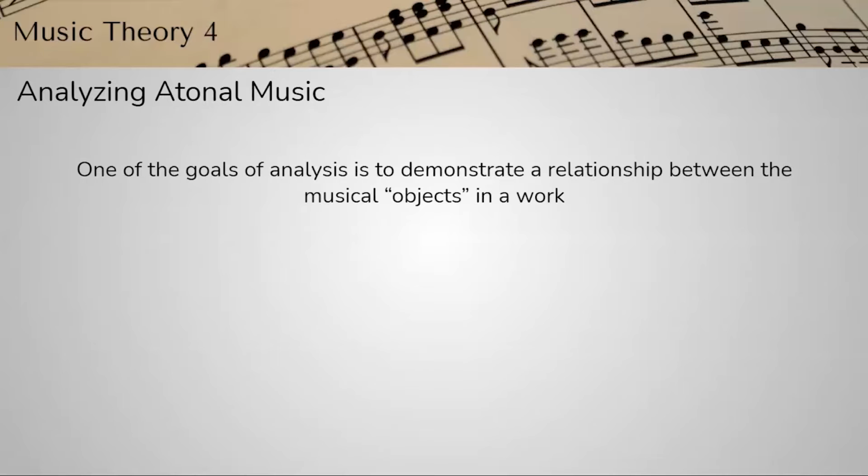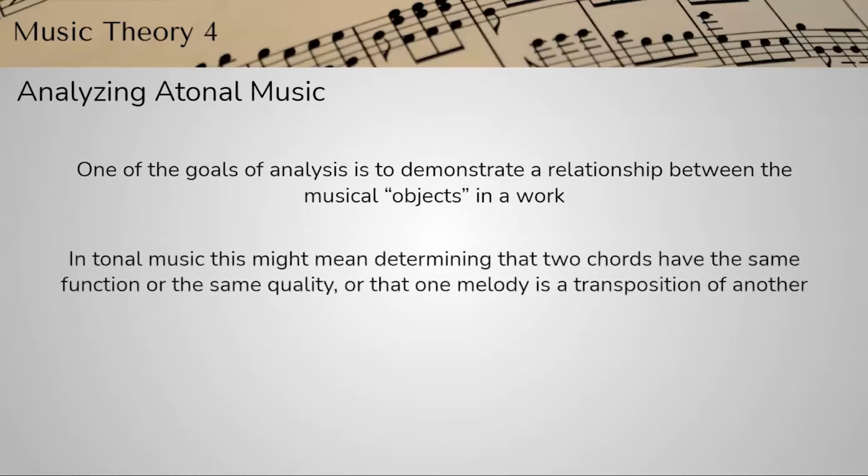So you might be looking at two different sections. They may have similar chords, or the fact that we identify certain chords as being major and other chords as being minor is a relationship, right? If two chords both sound major, they have a relationship. If they sound different, then they have a different kind of relationship. They're different from each other, right?